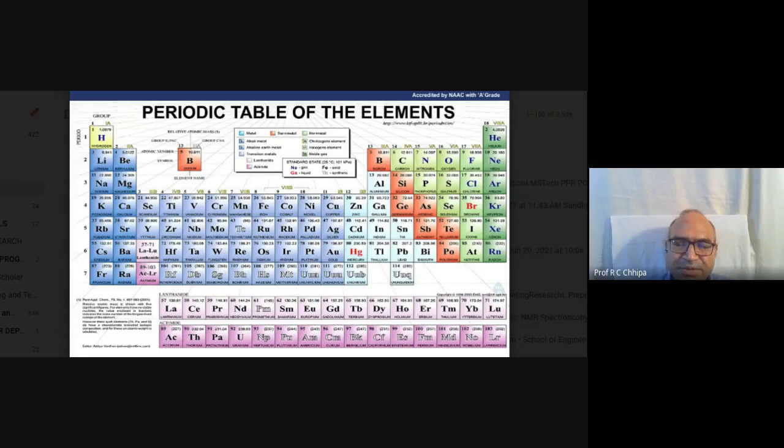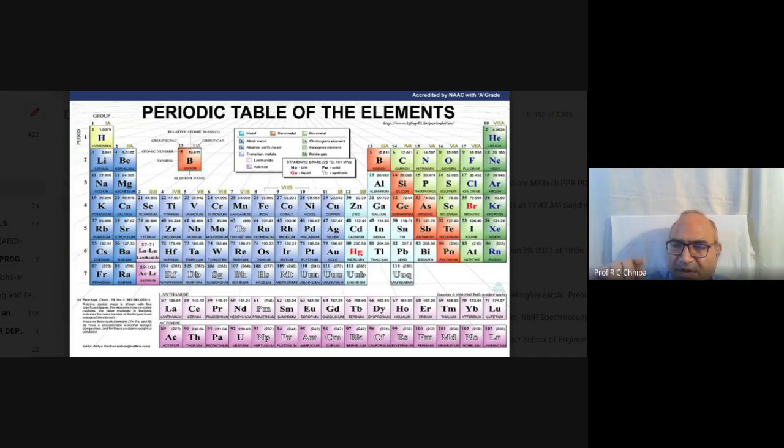Physical states are mostly of three types: solid, liquid and gas. The physical state of sodium chloride is solid. Why? When we look at sodium itself, alone, it is solid.